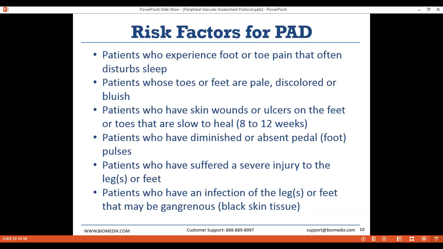I did want to spend a second to talk about patients who have suffered a severe injury to the legs or feet. Most of the time in this webinar, we're assuming that this is a systemic process. This is the clogging or narrowing of the arteries occurring over the patient's whole body. However, you can have arterial occlusion that occurs because of damage to the artery, not necessarily something systemic, but some trauma that was done there.